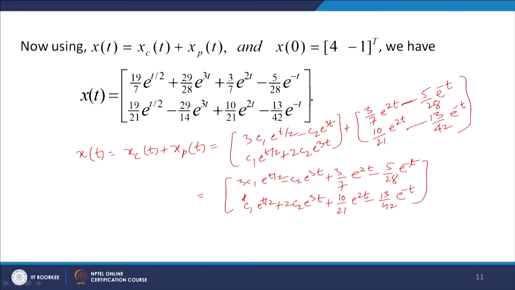So, this is a general solution of dX/dt equal to AX plus f(t).